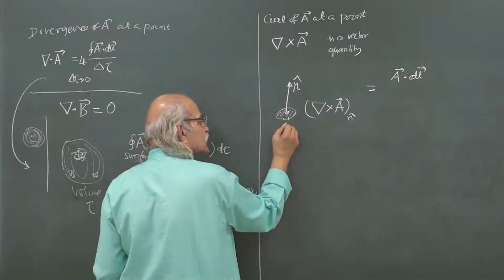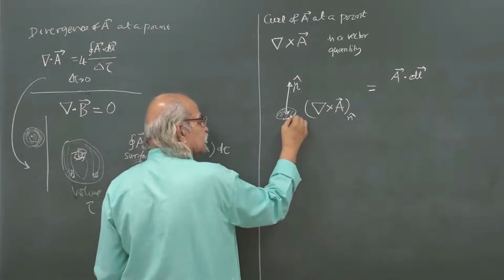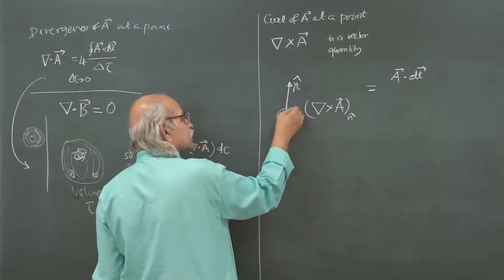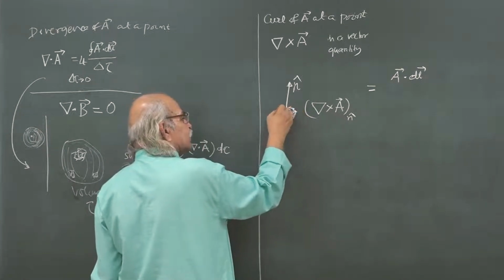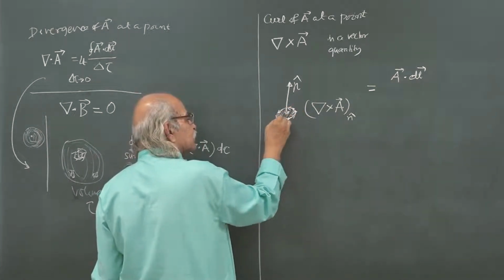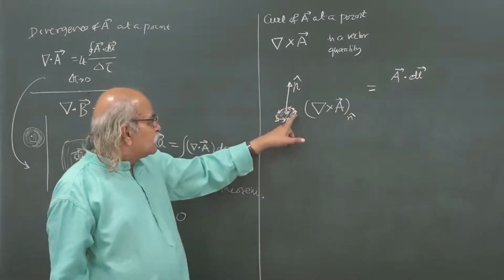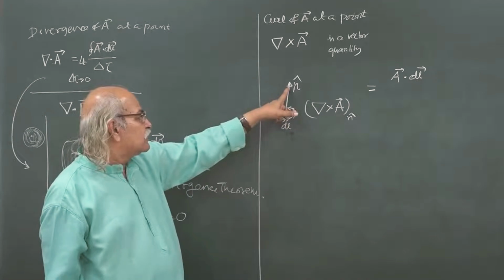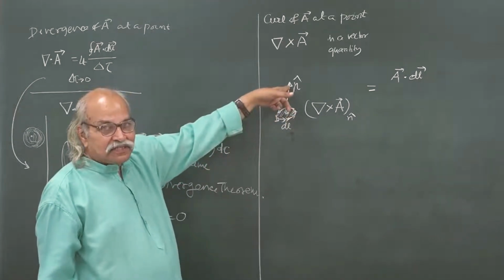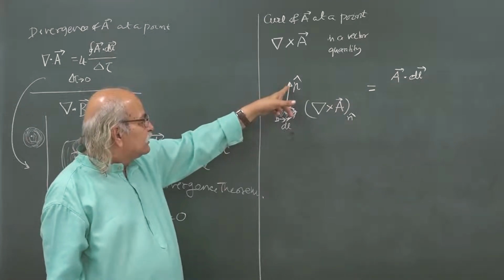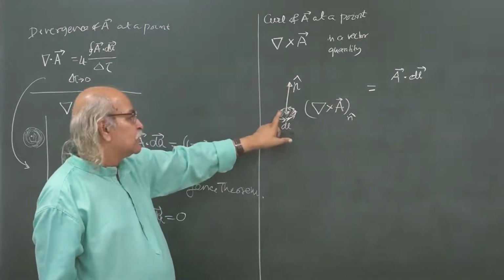This is dl here, and dl here, and so on all around the loop. So, you have to put an arrow on this loop. If you have this direction given to you and you want the component in this direction, then there is a fixed rule for putting this arrow.